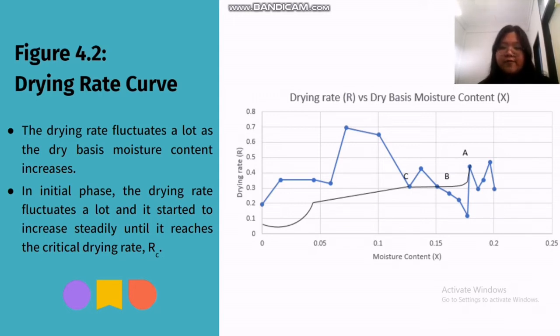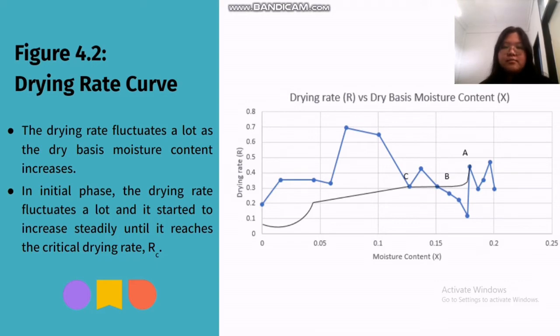In the initial phase, the drying rate fluctuates a lot, and it starts to increase steadily until it reaches the critical drying rate, which is Rc. The critical drying rate for this figure is located at the point labeled as C. Next, I will pass the presentation to Aiman to continue.